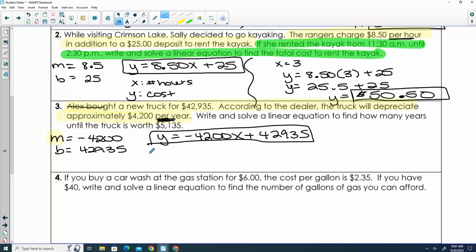So my x in this case is what? Yeah, look at your units on your slope. It's something per year. So x is my number of years. And the y is telling me basically the money or the value of the truck.